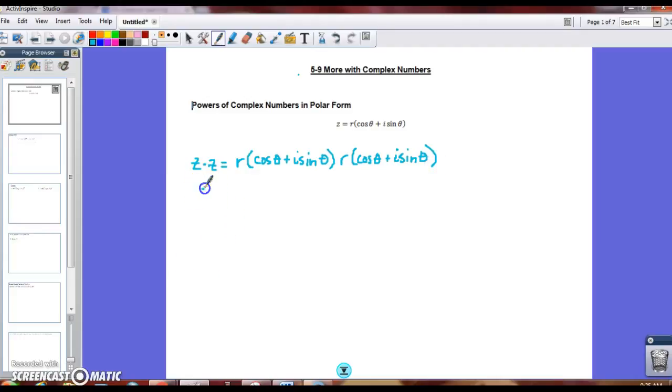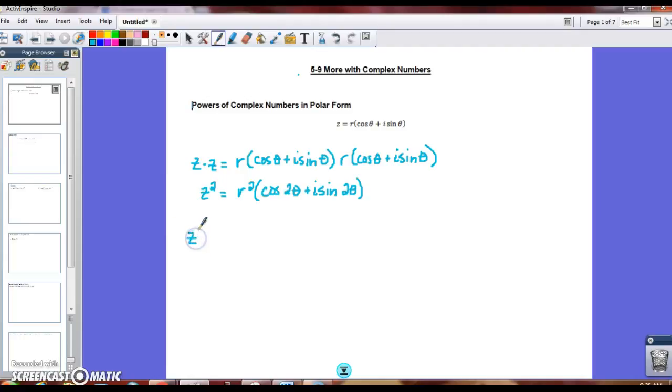So on the left here we have z squared, and on the right we're just multiplying two complex numbers together. We talked about that yesterday: when you have the product of two complex numbers, you multiply the r's together and you add the thetas together. So we have r squared times cosine 2 theta plus i sine 2 theta, and that is equal to z squared.